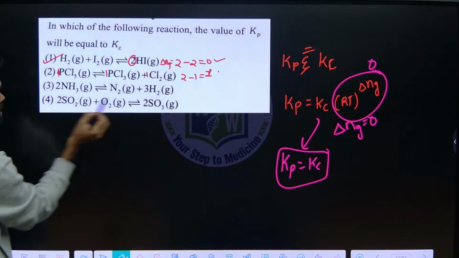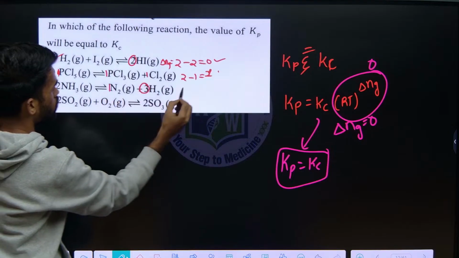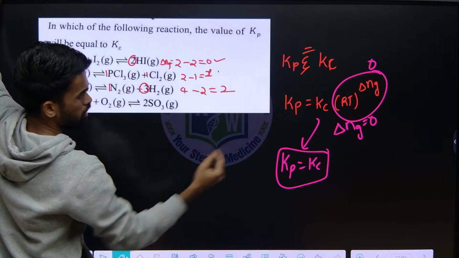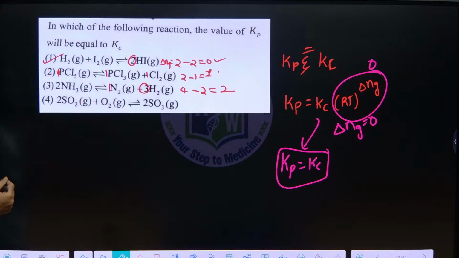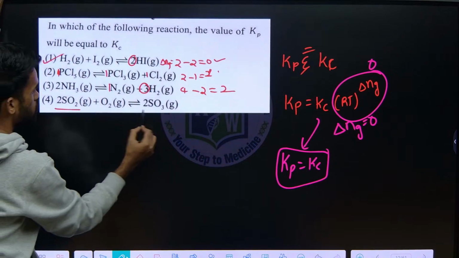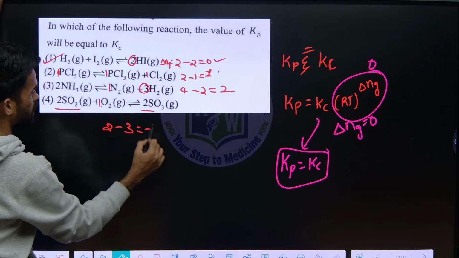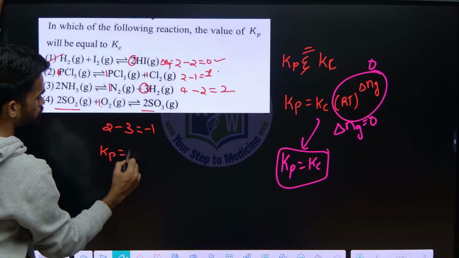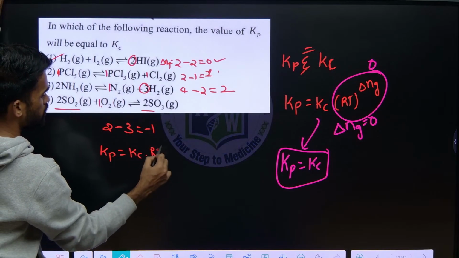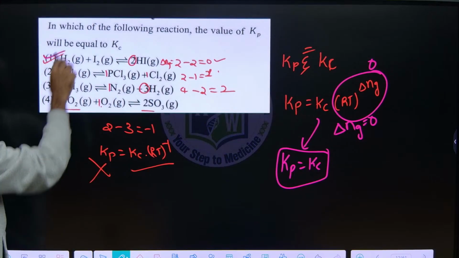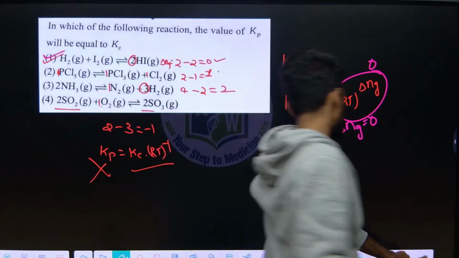Next, look at this case: 3 plus 1, 4, minus 2. This is 2, so Kp and Kc are not equal in this case also. And look at this: 2 minus 3. This is minus 1, so Kp equals Kc (RT) power minus 1. So in this case also they are not equal. Only the first option is the correct option for this question.